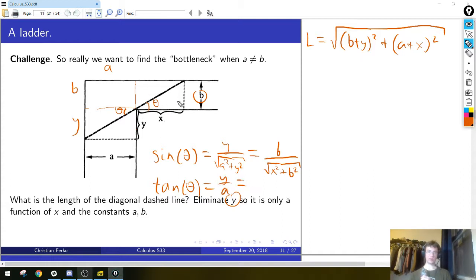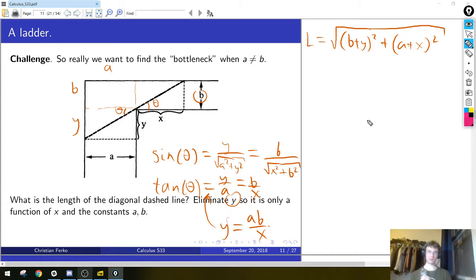In the second triangle, opposite is b and adjacent is x. So I get this nicer looking equation: y over a is b over x. The nice thing is that we can eliminate y by multiplying both sides by a. So y is ab over x. You could get the same thing from the sines that you did, but it requires a couple extra steps, and I'm not going to do that because I'm lazy. So that's the elimination we need to do.